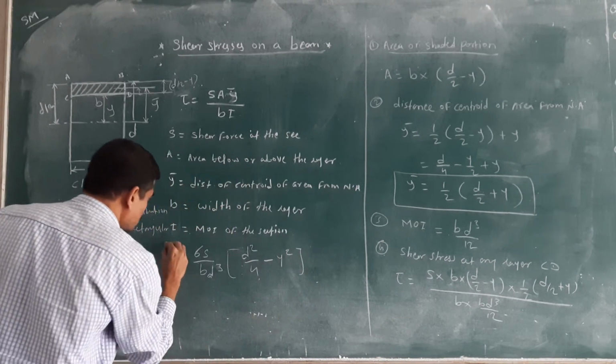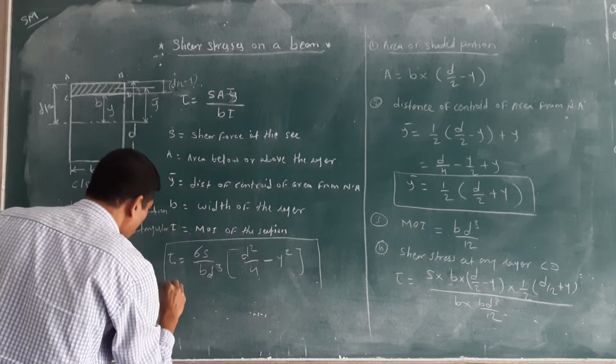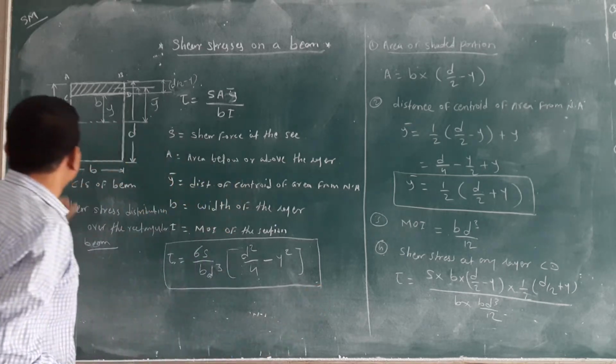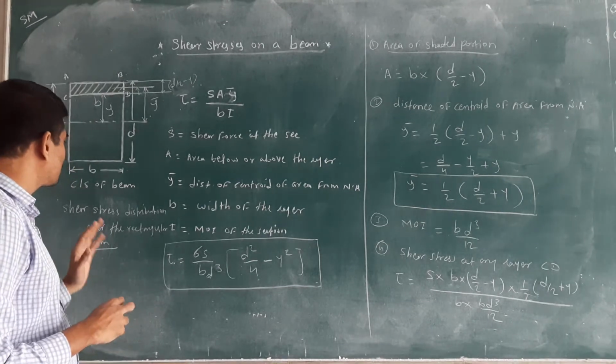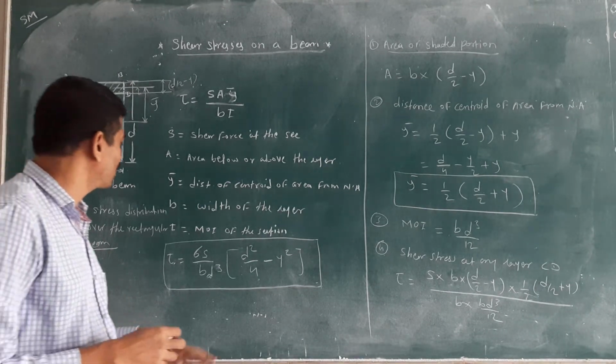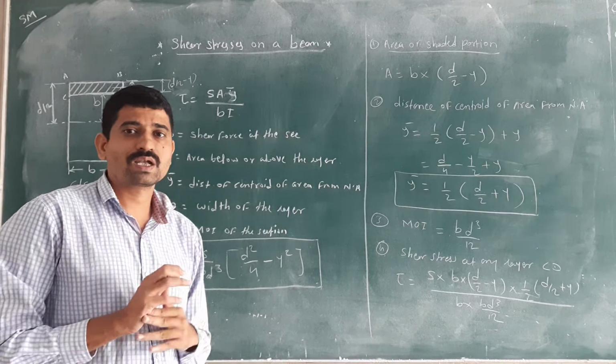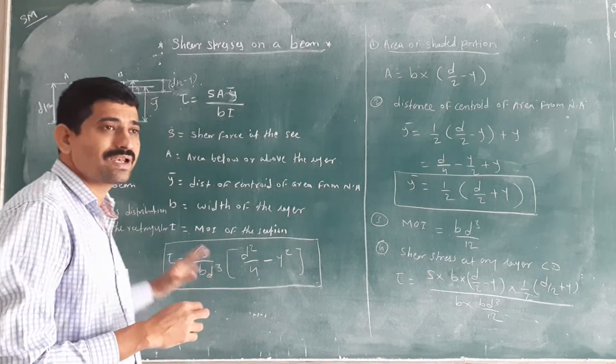Okay, this is the standard formula of shear stress induced in the rectangular beam. This is the shear stress distribution for the rectangular beam. All of you getting how to use this formula for any section?